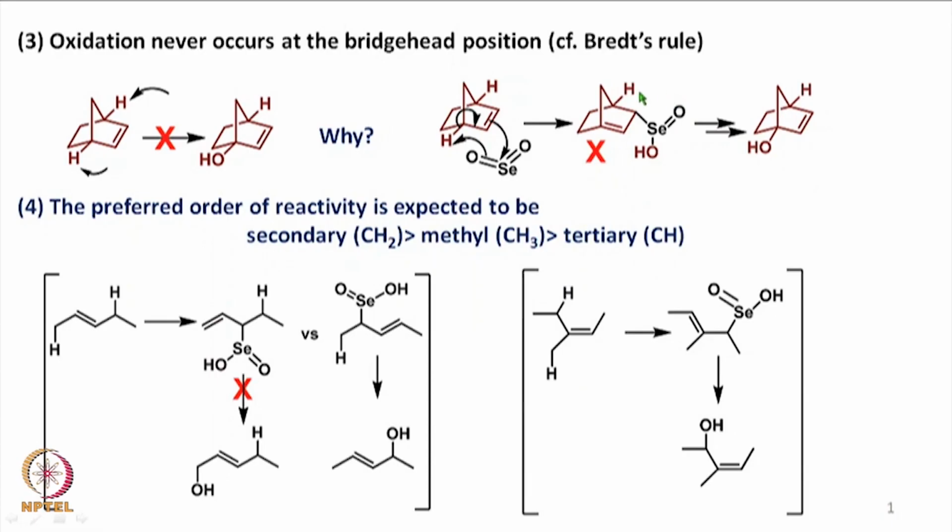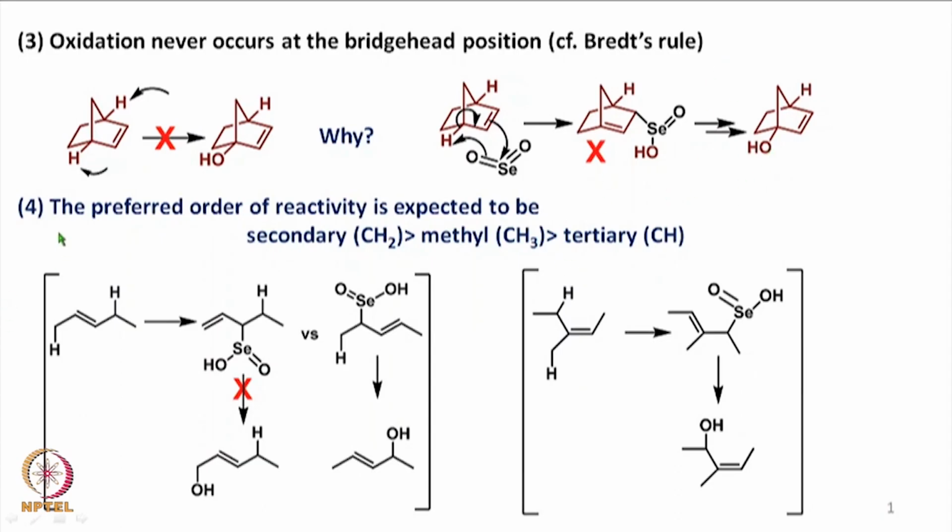But because the intermediate that is formed has a double bond at the bridgehead position, which according to Bredt's rule is not allowed, the oxidation never gives this type of allylic hydroxy group where there is a hydroxy group at the bridgehead position.